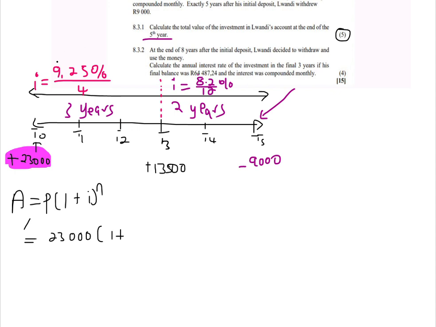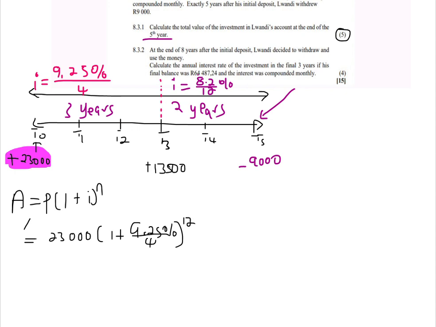You just plug this in as it is, 9.25%, and I divide that by 4 because it's being compounded quarterly, and then I'm gonna multiply 3 years by 4. Remember what I said, when you divide on the interest, you multiply on the value of n. So 3 times 4 will be 12.